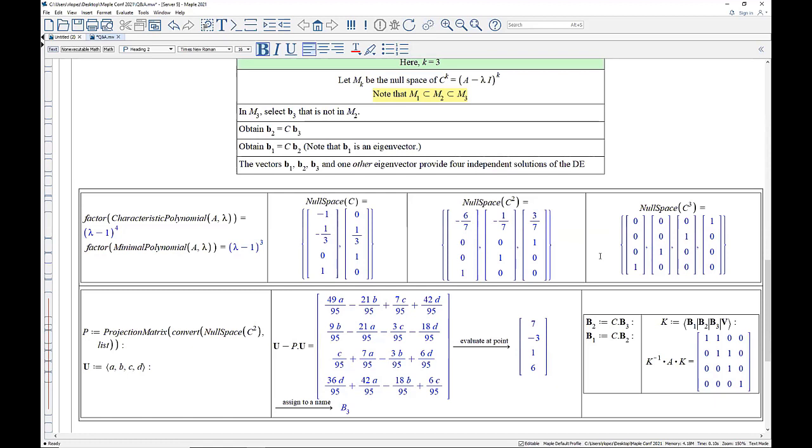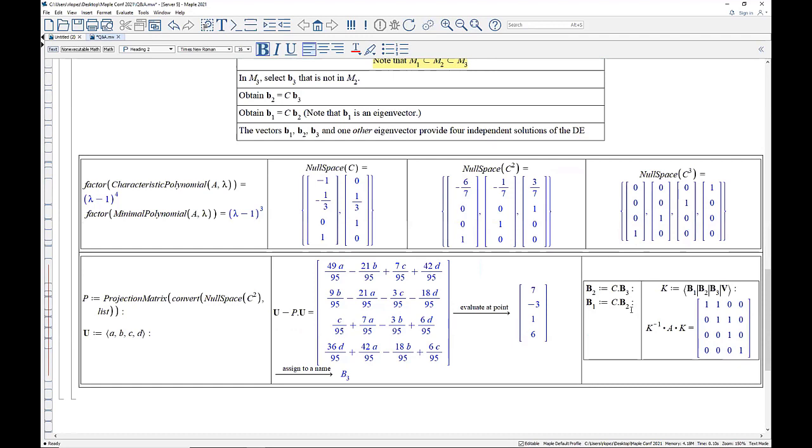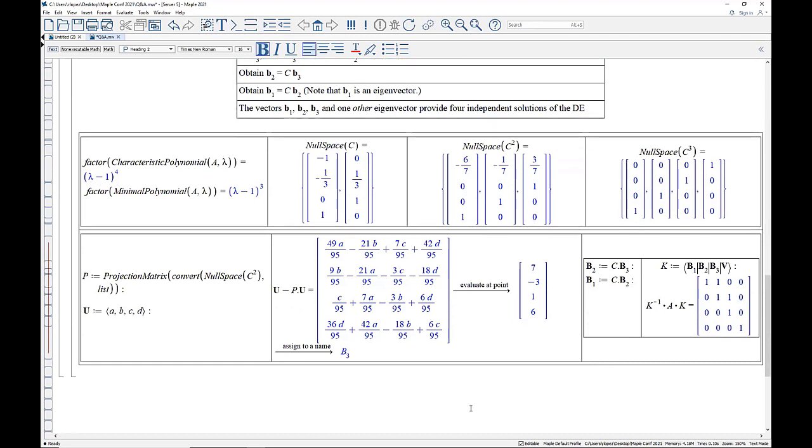It's a much simpler approach, and given a tool like Maple, the calculations are reasonable. You're not doing a tremendous amount of arithmetic. And here, the proof that I've got the appropriate set of generalized eigenvectors is if you put the vectors into a matrix, K, it becomes a transition matrix that takes A to Jordan form. You've got the right vectors, you can write down the solution to the differential equation. Okay, you can ask me questions.